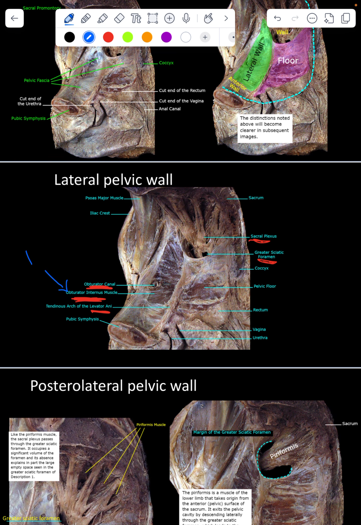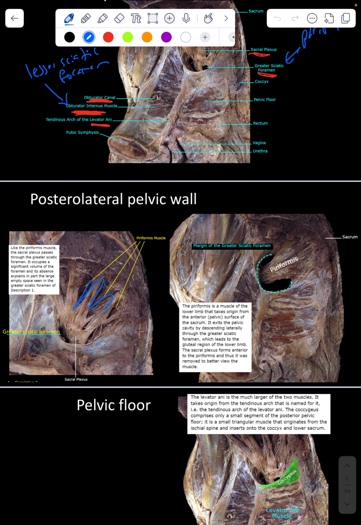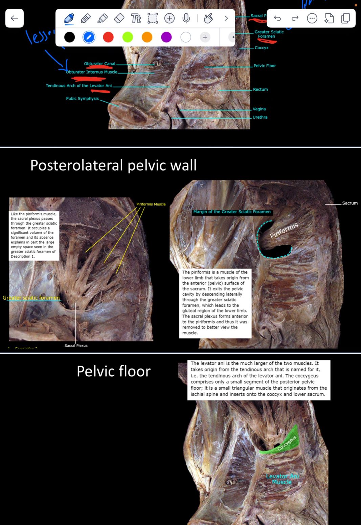So this goes through the lesser sciatic foramen, unlike the piriformis, which goes through the greater sciatic foramen. Again, piriformis. Here you can see the piriformis clearly because they took out the lumbosacral trunk from here. So it's a good picture of it, and it's showing you going through the greater sciatic foramen, which is this big circle thing here.